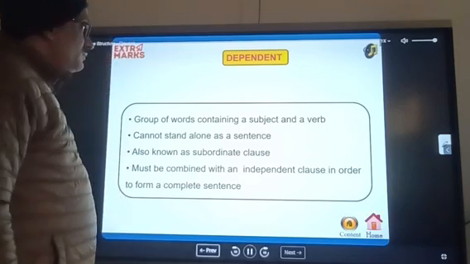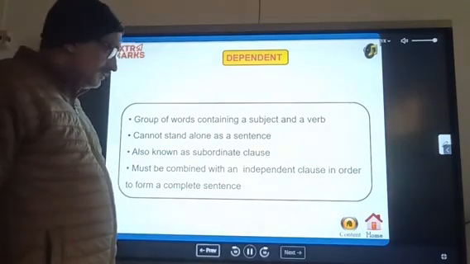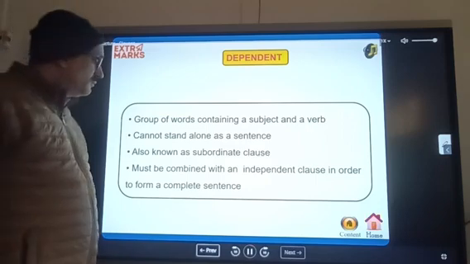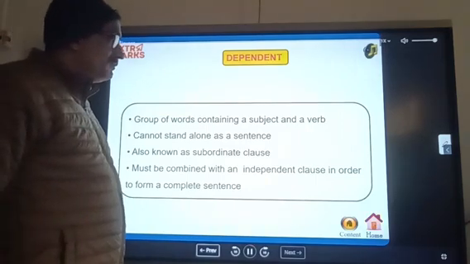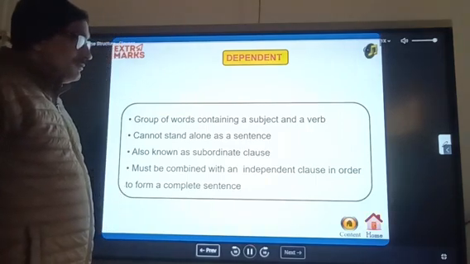So, a dependent clause is left hanging, its meaning incomplete. It must be combined with an independent clause in order to form a complete sentence.